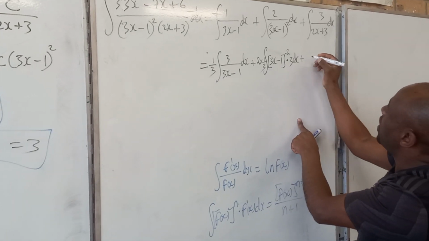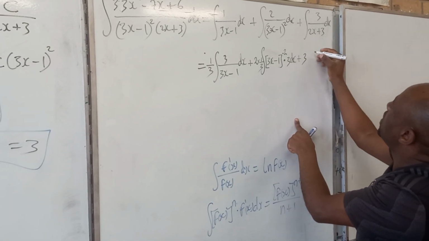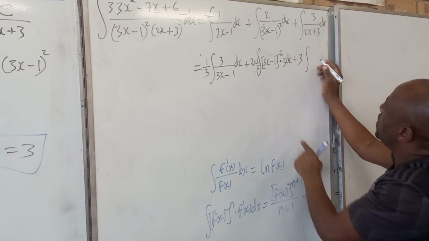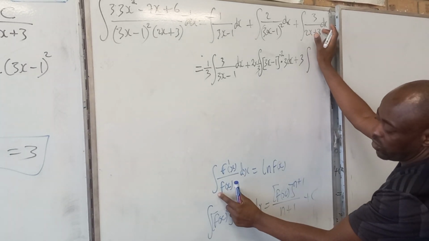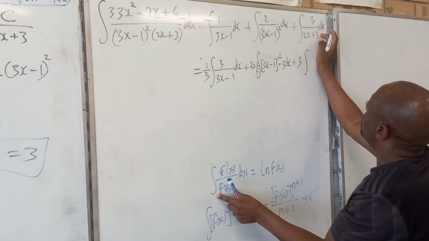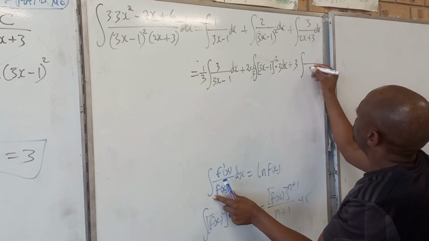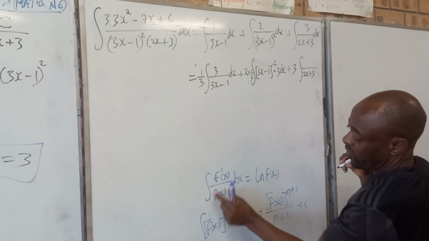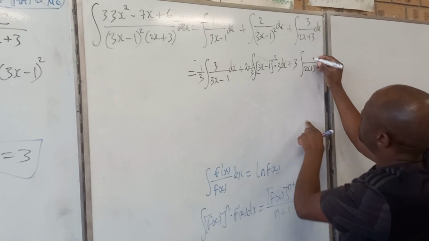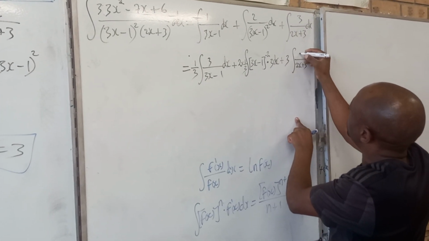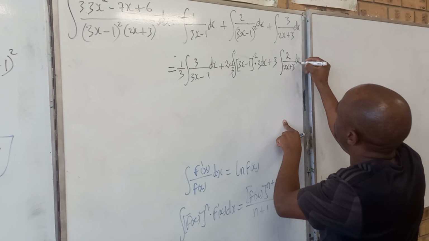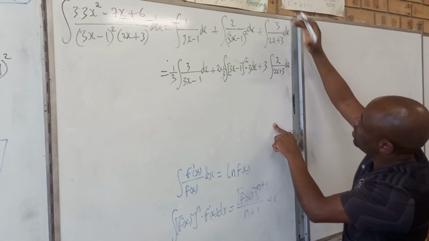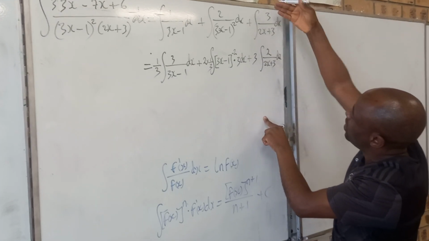Then if I go to the last, constants outside, with this one, it goes back to U substitution for the fraction. So I will start by copying my 2x plus 3 there, just like the formula says. Its derivative must be at the numerator. The derivative of 2x plus 3 is a 2, which if I now match it to the original, you see a difference because the 2 does not exist.